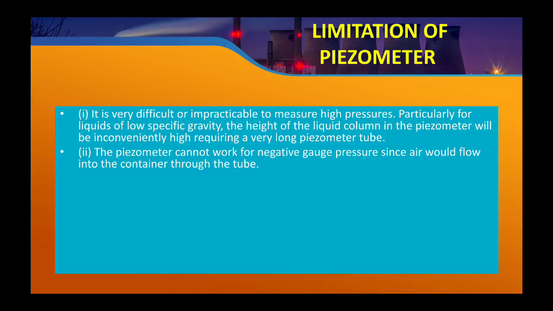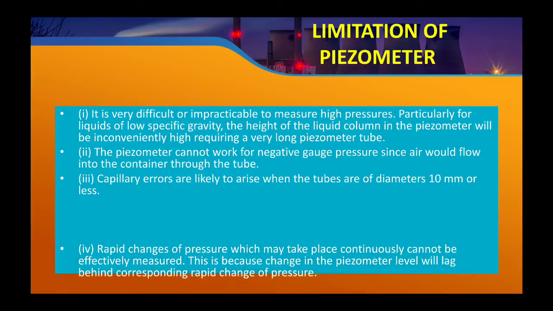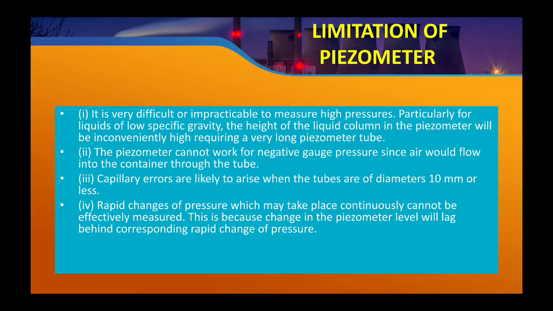Number 2, the piezometer cannot work for negative gauge pressure, since air would flow into the container through the tube. Number 3, capillary errors are likely to arise when the tubes are of diameter 10 mm or less.